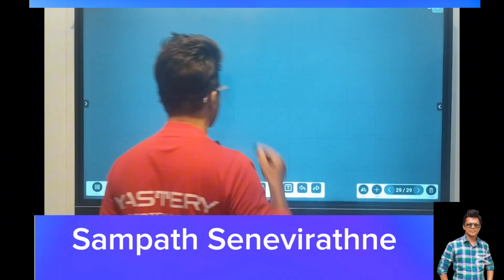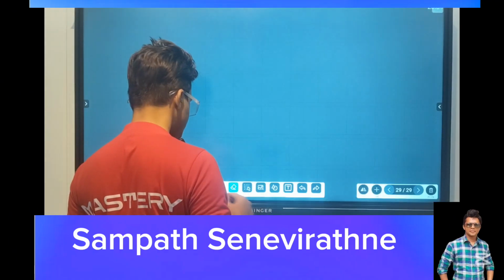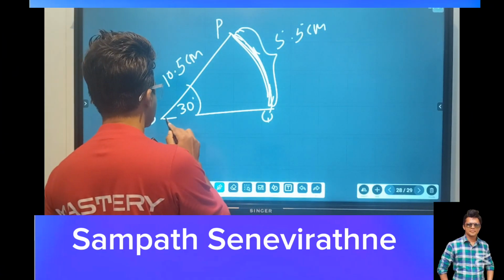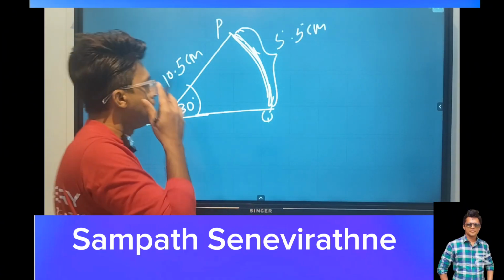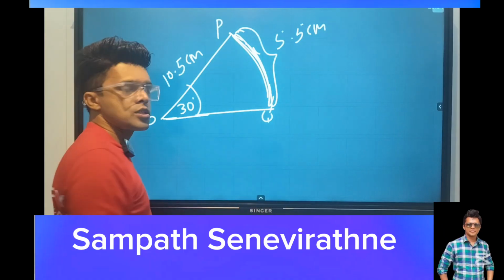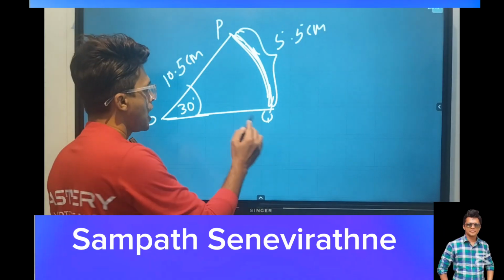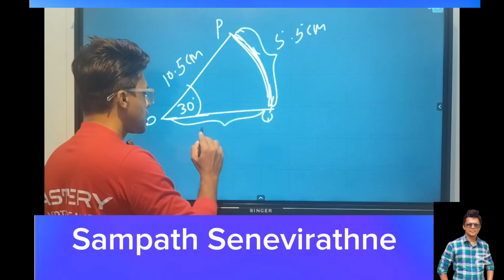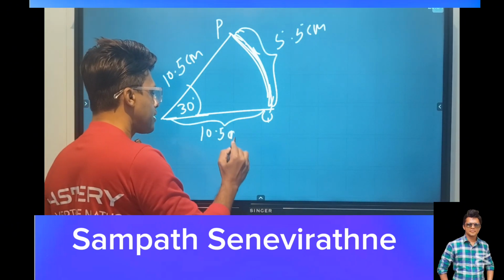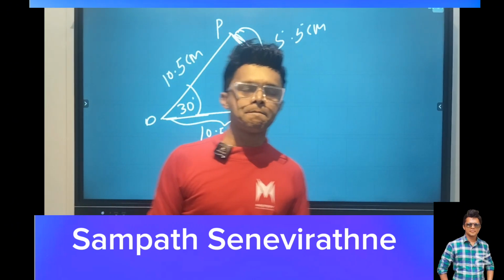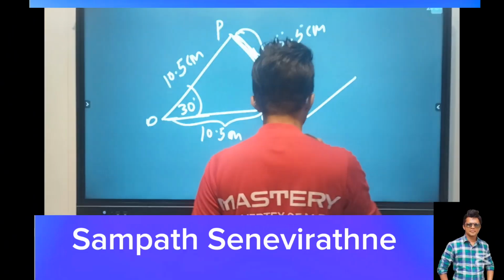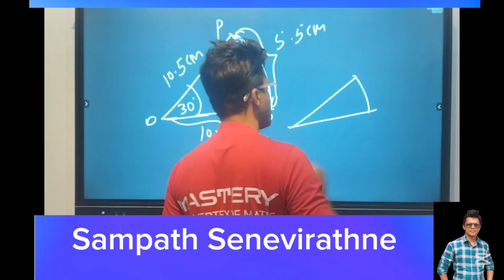What should be the perimeter of this sector? We've taken that from here to here is 5.5, and if this is 10.5, then this segment is also 10.5. How do we get the perimeter of this sector?